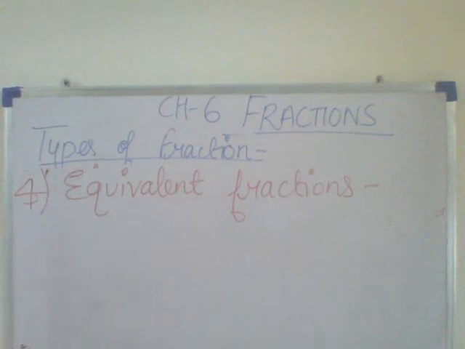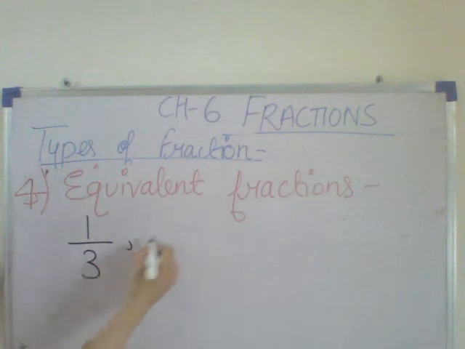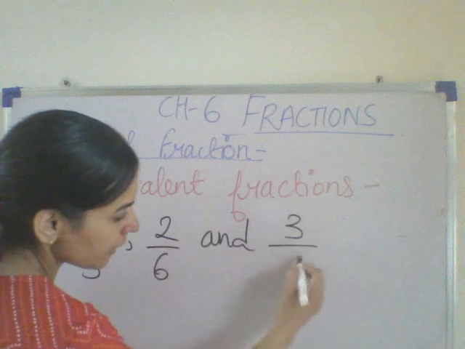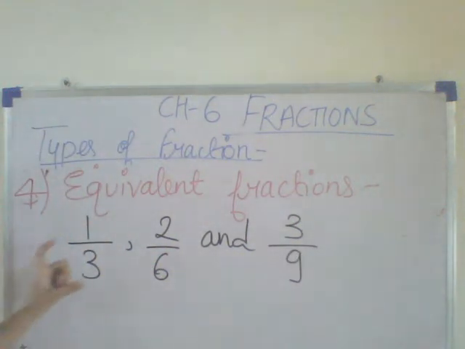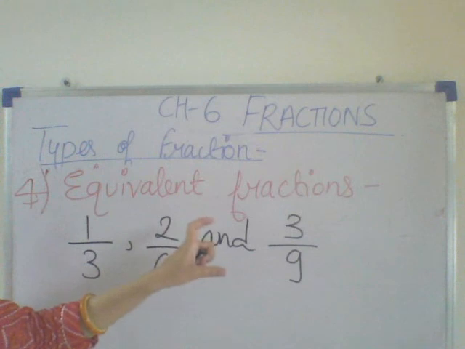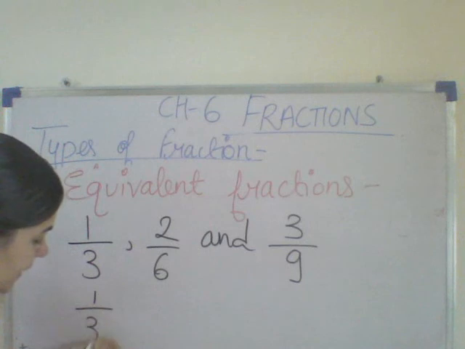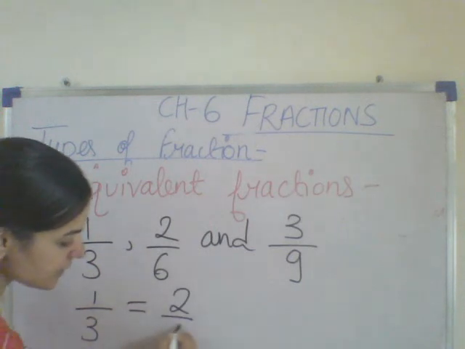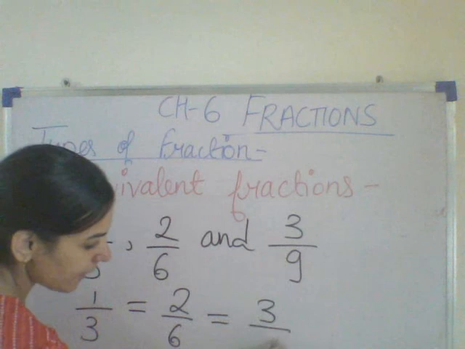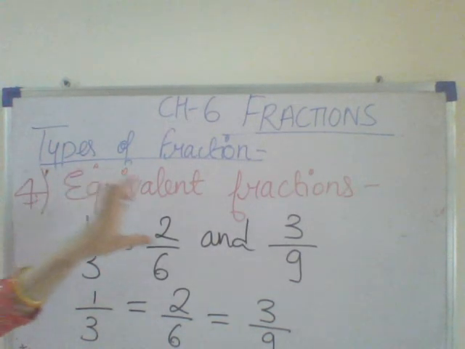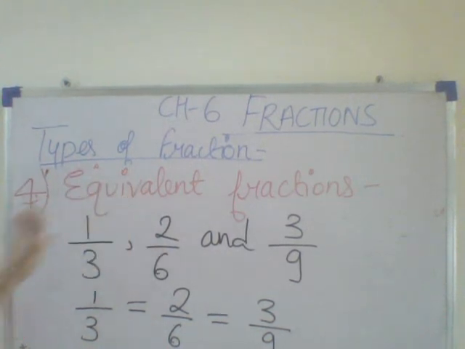So we can say that 1 by 3, 2 by 6 and 3 by 9 are all equivalent fractions. We can also write it as 1 by 3 equals 2 by 6 equals 3 by 9. So this is the equivalent fraction.